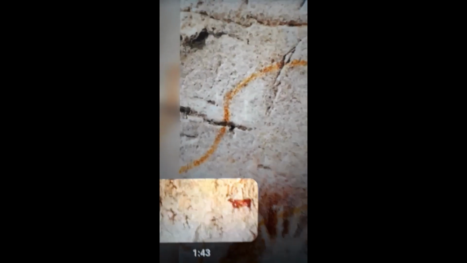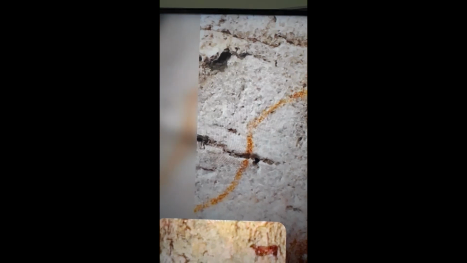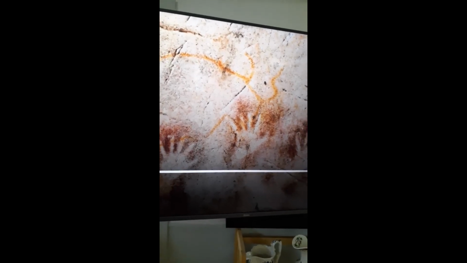The paintings are, well, they're saying they're 40,000 years old, but they're over art that is much older that's actually carved into the stone. And I don't understand why they're not talking about these images that this graffiti kind of covered up. Anyway, that's my point. Bye for now.